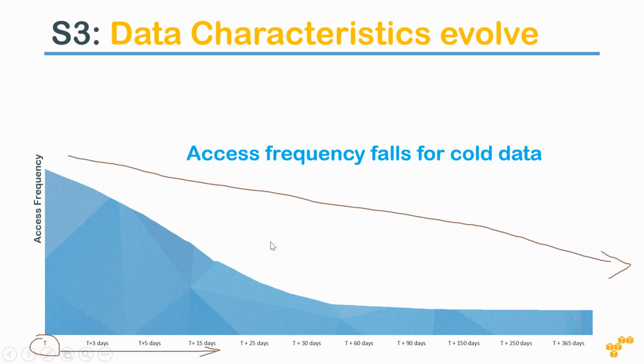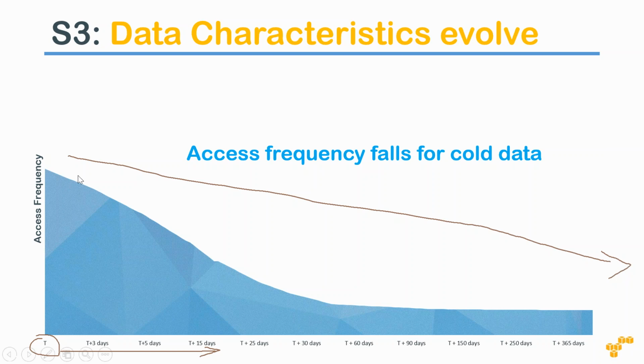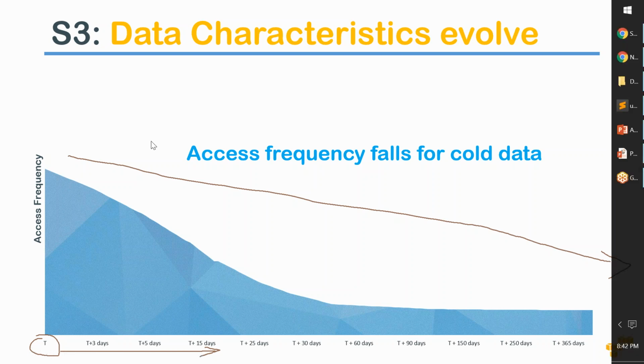You can apply it to most industries out there, especially enterprises. After the initial period of time, the data is not frequently accessed. So in those cases, you can quite easily move the data into cold storage and reduce your cost, and also, if possible, completely delete it to reduce your cost even more.